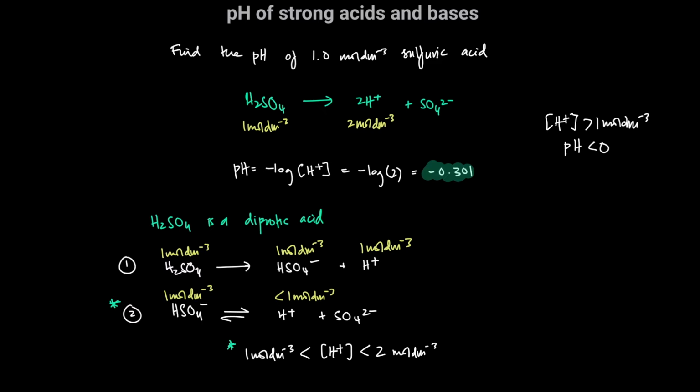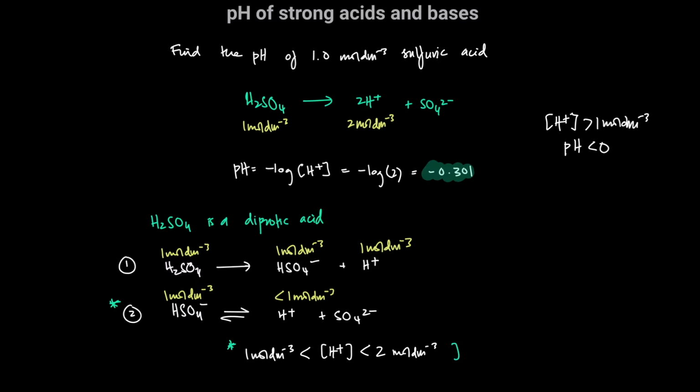Now, in a question, if they just ask you to find the pH of a certain amount of sulfuric acid, you can just assume that it ionizes completely. But sometimes a question may ask why the concentration of H plus ions is less than 2 moles per dm cube. If I have 1 mole per dm cube sulfuric acid, why is the actual concentration less than 2? You've calculated it as 2, but why is it actually less than 2 and greater than 1? So you should know that the second ionization is a partial ionization.